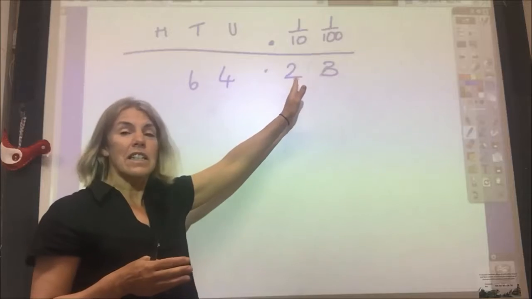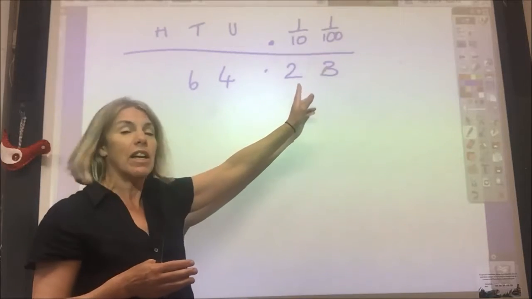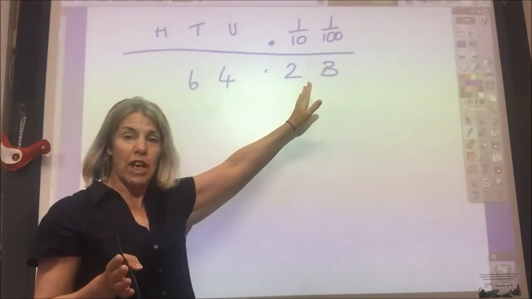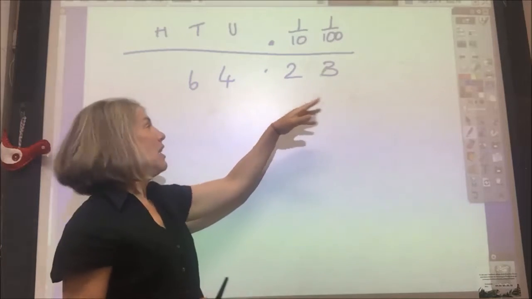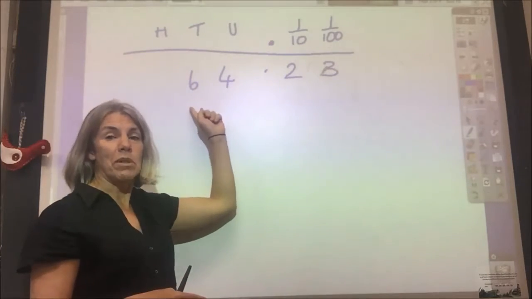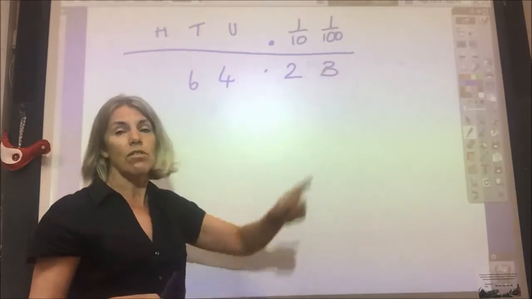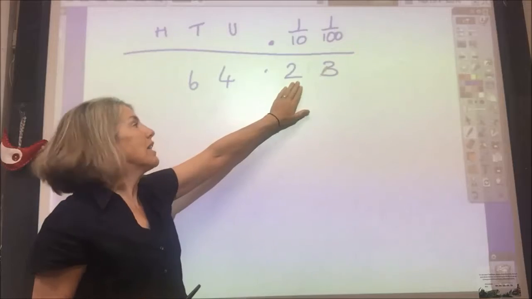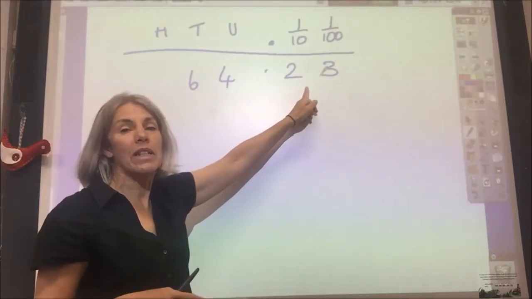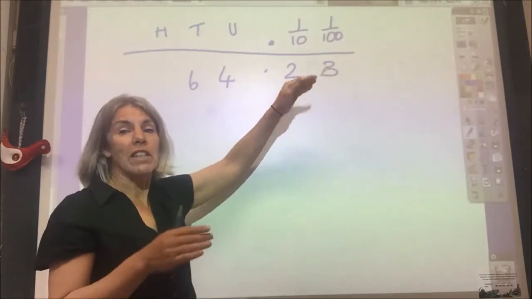So you can see this as 23p, 2 tenths, 3 pennies. If we were looking at this as money, it would be £64.23, and we want to round to the nearest tenth. So we want to say, is this closer to £64.20 or £64.30?